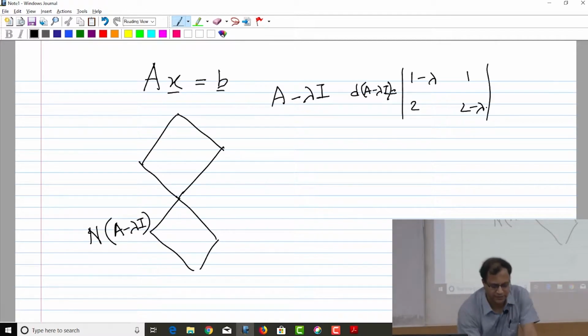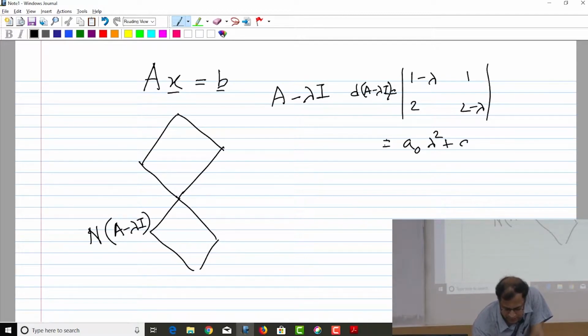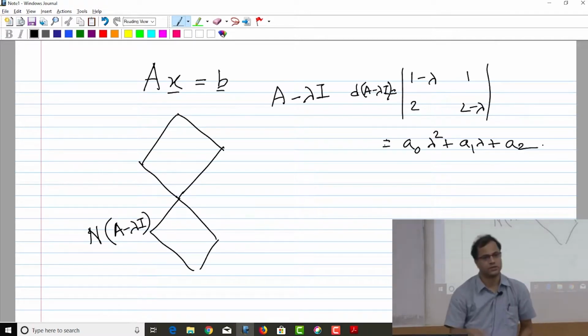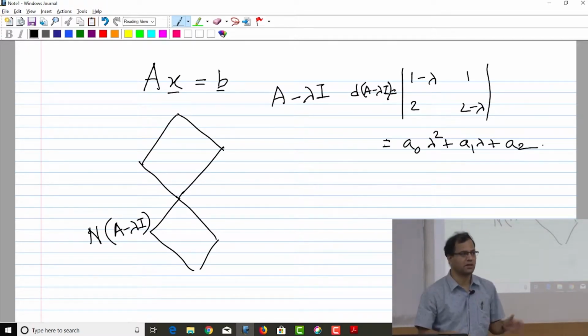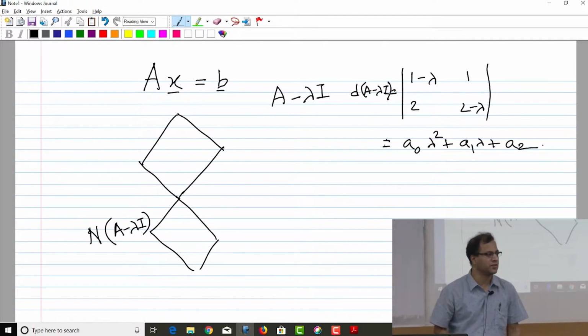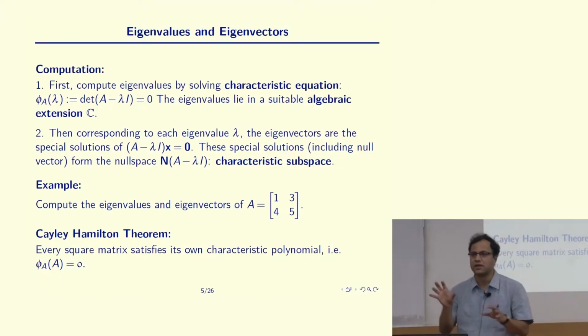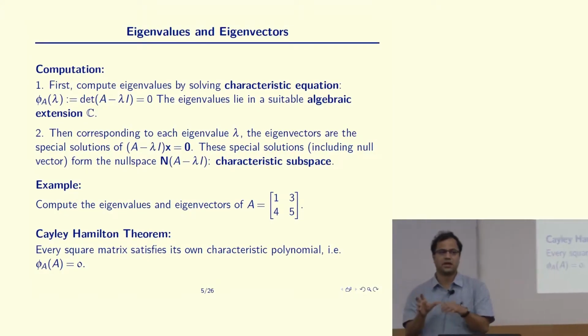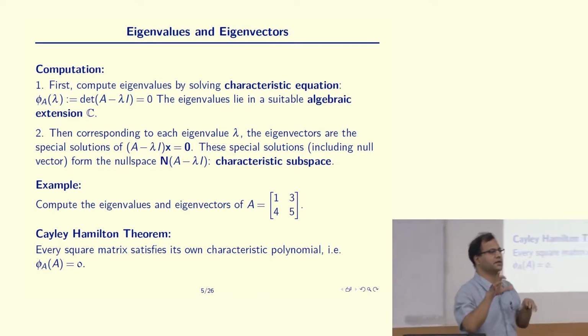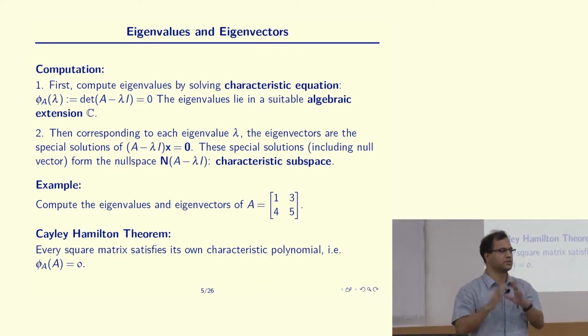If you expand this, you'll get some constant, say A0 lambda square plus A1 lambda plus A2. Similarly, if you expand an n-dimensional determinant, you will get a polynomial of degree n. This is called the characteristic polynomial, and the corresponding equation, determinant of A minus lambda I equal to 0, is the characteristic equation.